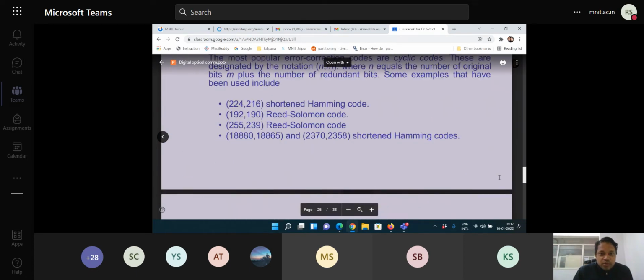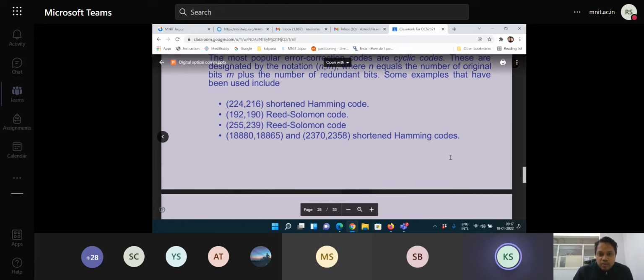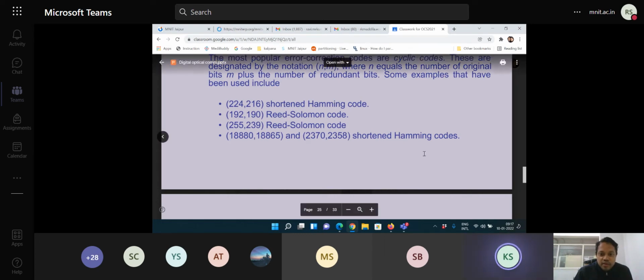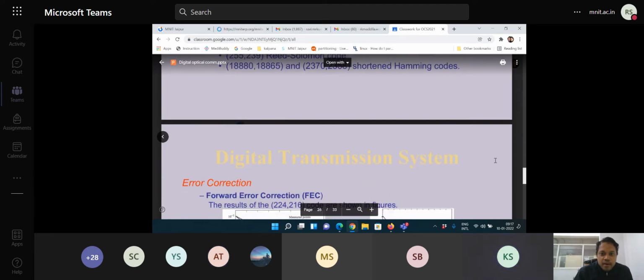You should keep these in mind: the Hamming code and the Reed-Solomon code. The Hamming code is a binary code, whereas the Reed-Solomon code is a non-binary code. Both have their own advantages and disadvantages.